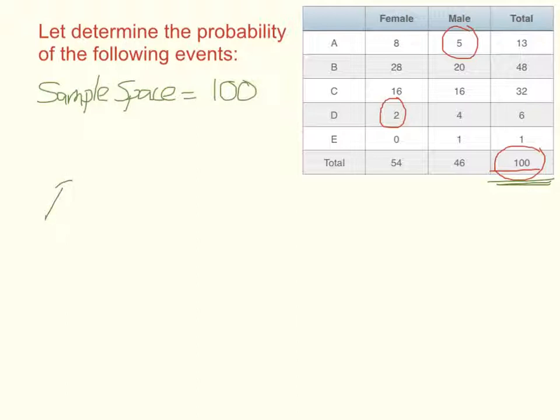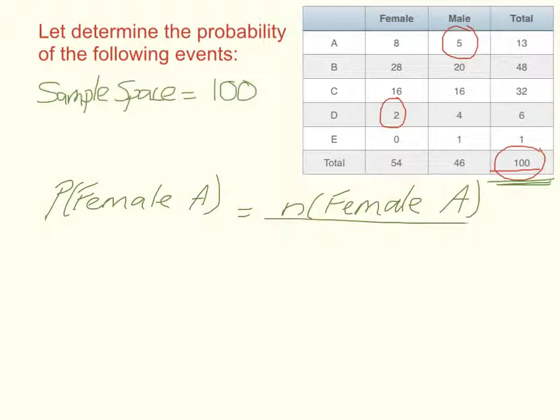Let's work out the probability of a female receiving an A. This is going to be equal to the number of females who received an A divided by the total number in the sample space. So, since I have my two-way table, all I need to do is go to it and find this information.